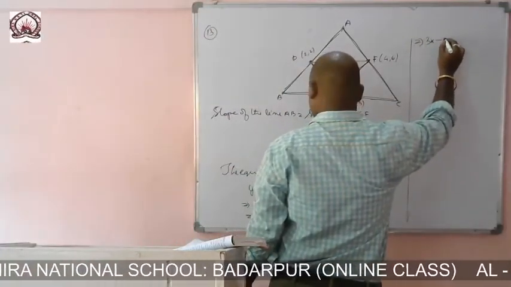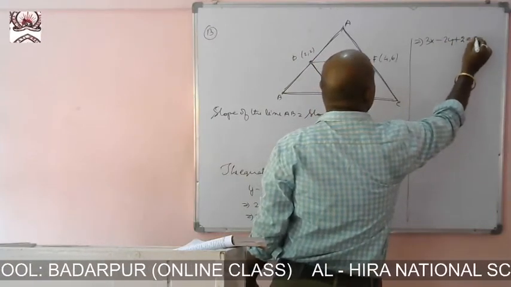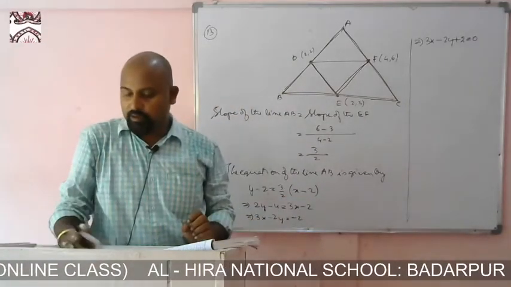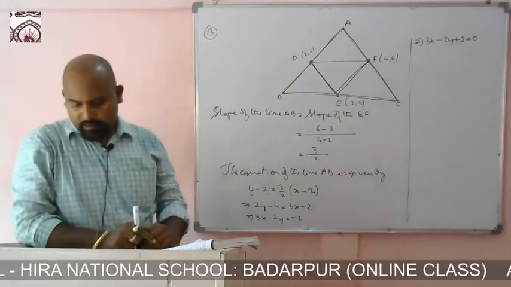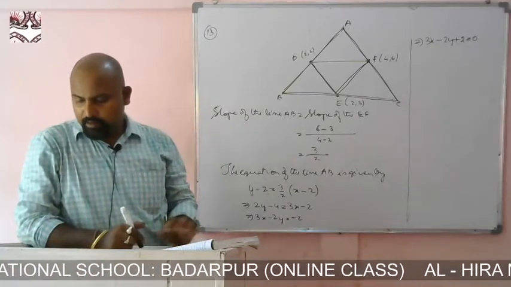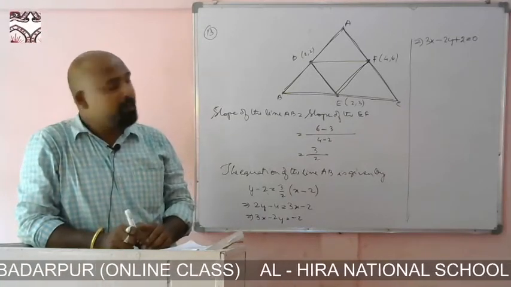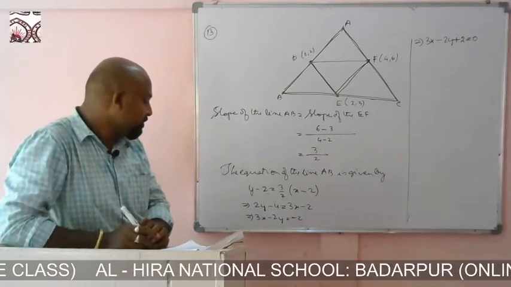3x minus twice y plus 2 equals 0. Okay, 3x minus twice y plus 2 equals how much? 0.